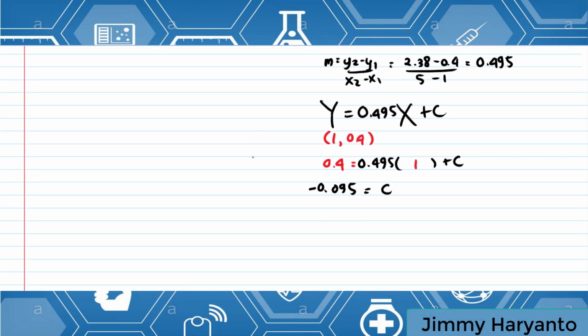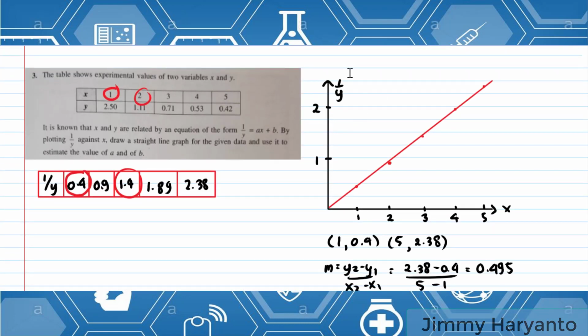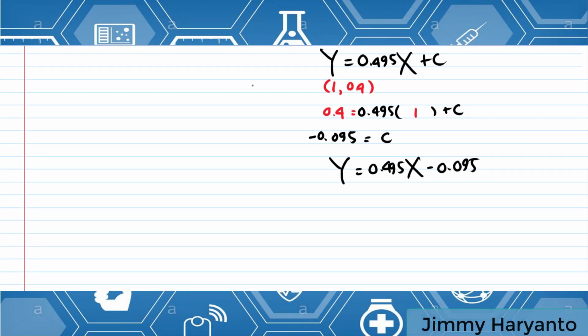Yeah, and then we already have y equals 0.495x plus c, negative 0.095. And then we have to change the big Y and the big X into 1 over y and x. So we change this one into 1 over y, and change this x. Equals 0.495x minus 0.095.